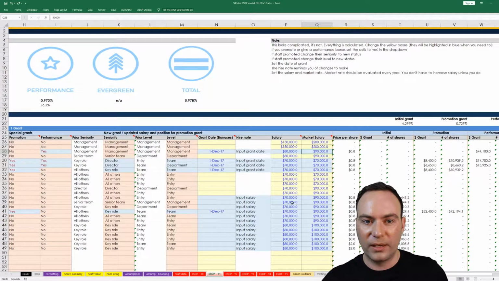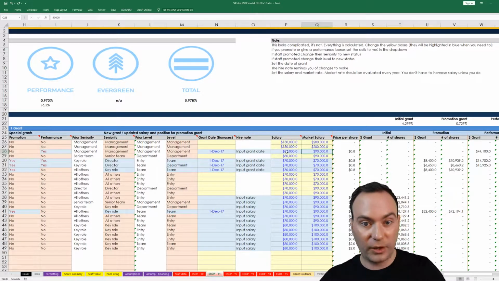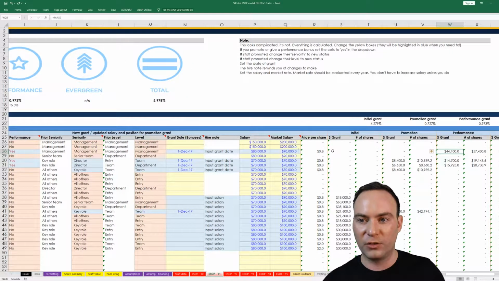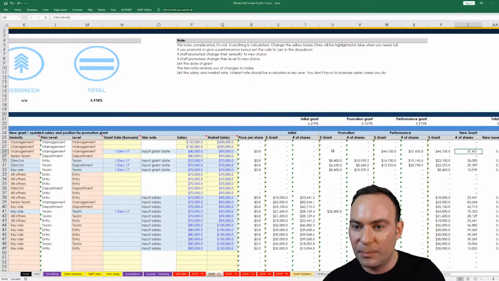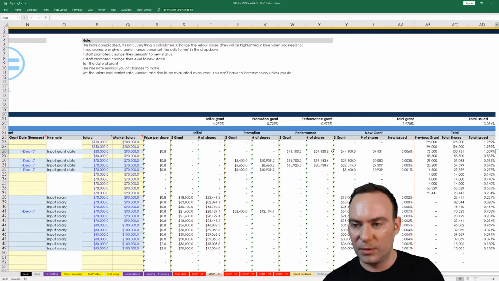We know that the difference between what she had before and what she has now is going to be the additional amount that she's going to be getting. So because she's a top performer, she's getting 44,000 bucks worth of shares. Which is 57,000 shares of that new grant, which is basically 0.006% of the diluted number of shares.